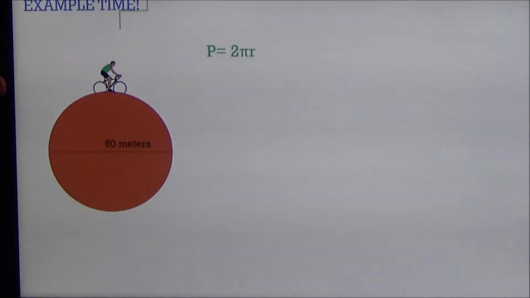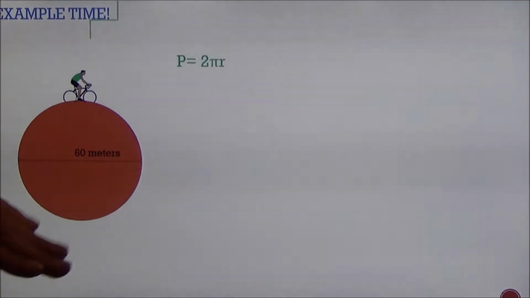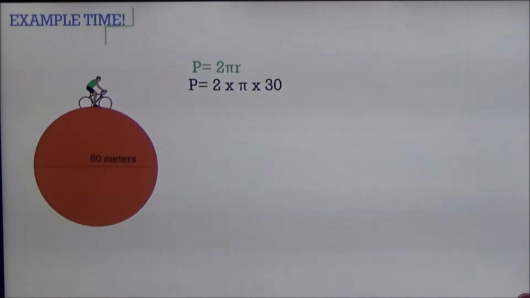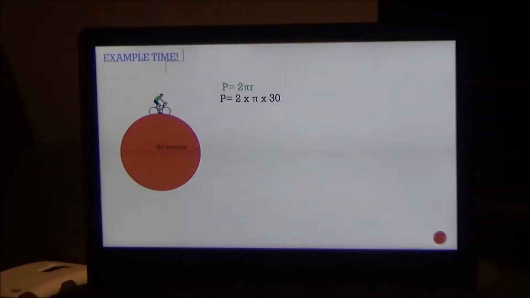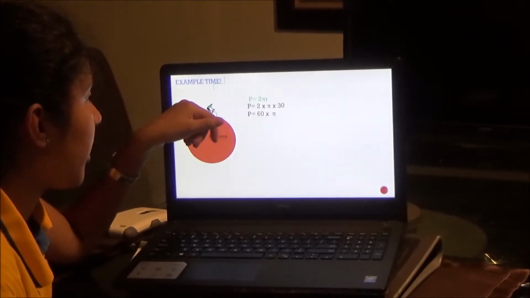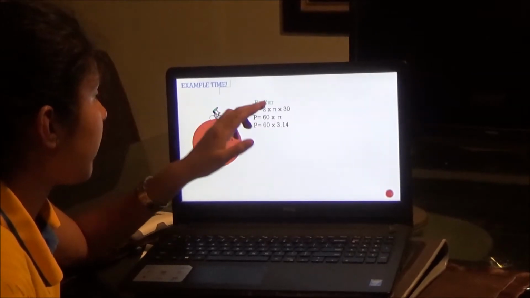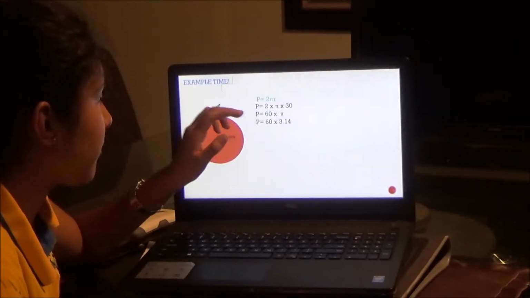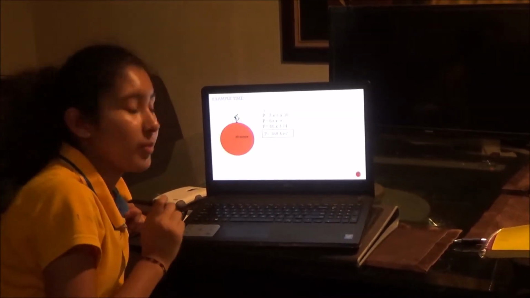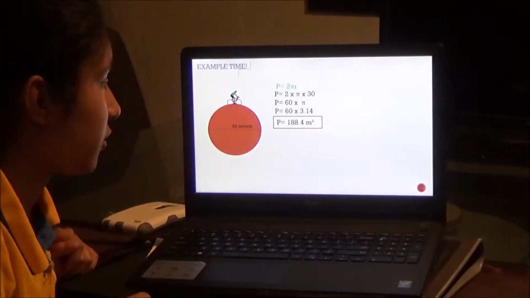We have here the diameter, but we just need the radius, so we divide it by 2: 30 meters. So we have 2 times pi times 30. We multiply 30 by 2 and we obtain 60 times pi, which is the same as 60 times 3.14. We calculate it and we obtain that the perimeter is equal to 188.4 meters.